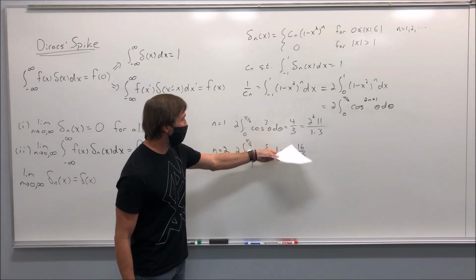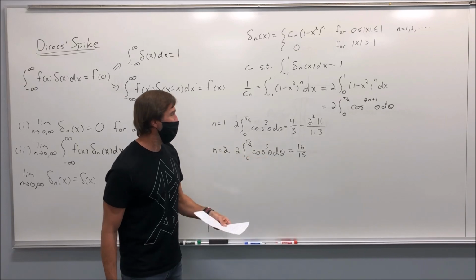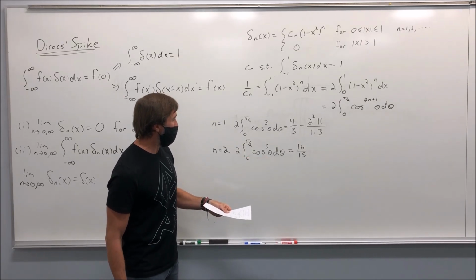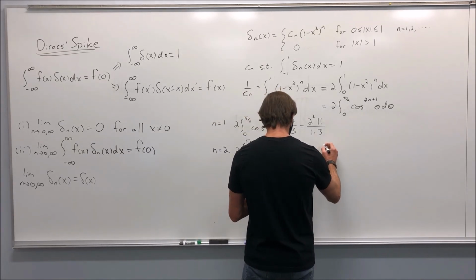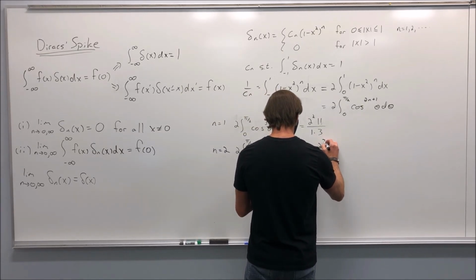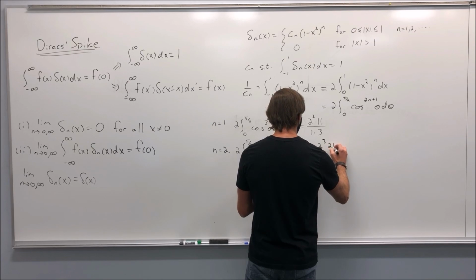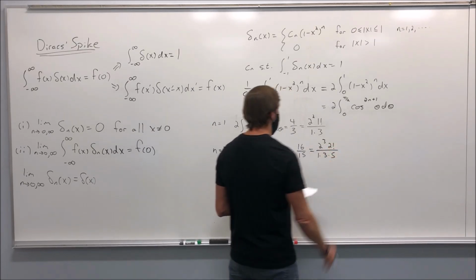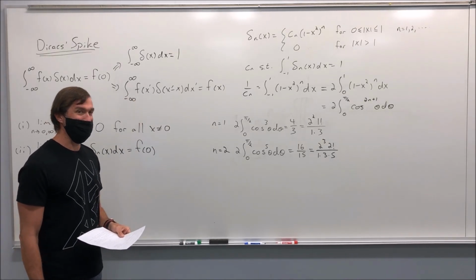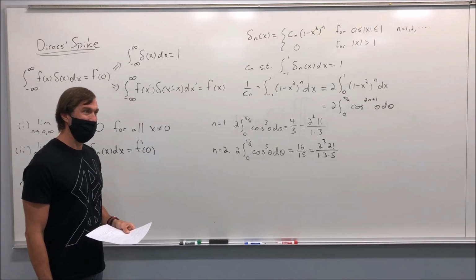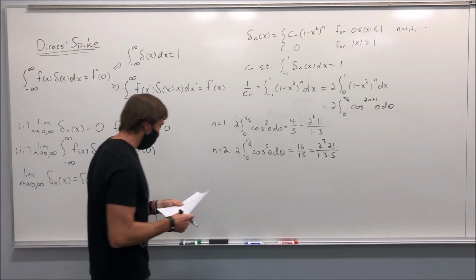It's this times 4 over 5. It's actually 2 cubed times 2 factorial over 1 times 3 times 5. It's getting interesting, isn't it?